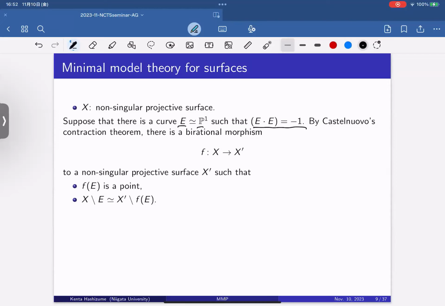If such a curve exists, then we can use Castelnuovo's contraction theorem. By this theorem, there is a birational morphism F from X to a smooth surface X prime such that E is contracted by F, and F is an isomorphism outside E.